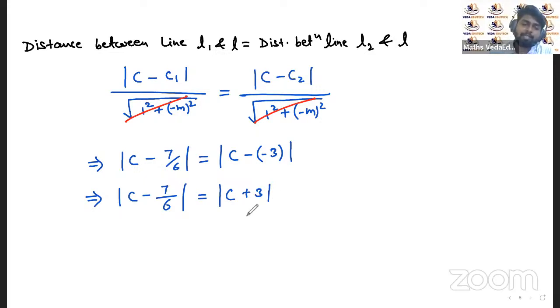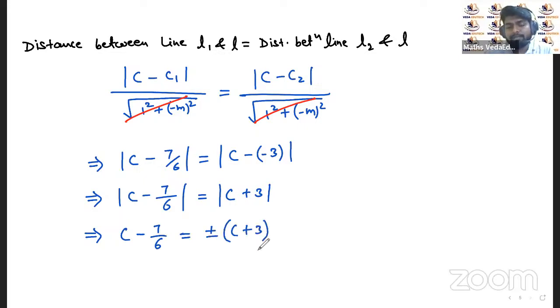Now we can open the mod. When we open the mod, we will get plus minus both, because inside the mod it can be a negative value also, or it may be positive. So C minus 7 by 6 will give you plus minus C plus 3. Now there are two equations.